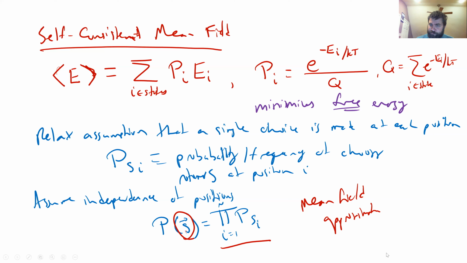In this model, when we have this idea that we actually have a probability of having a particular choice at each state, the total energy becomes kind of a bit of a different beast. We actually have to describe this average energy. And we discussed how this would end up being this sum over all of the states.